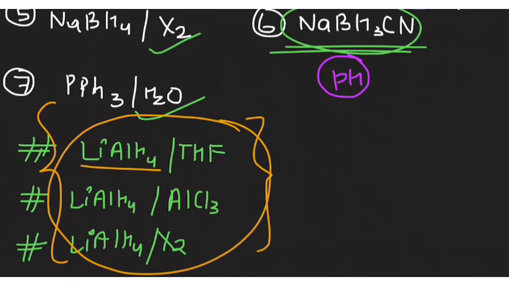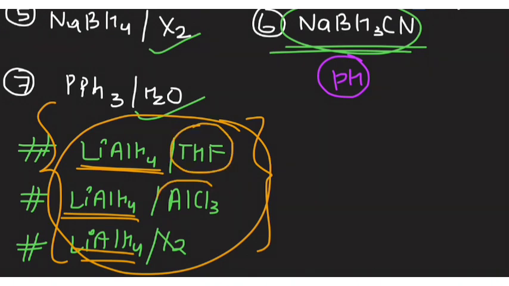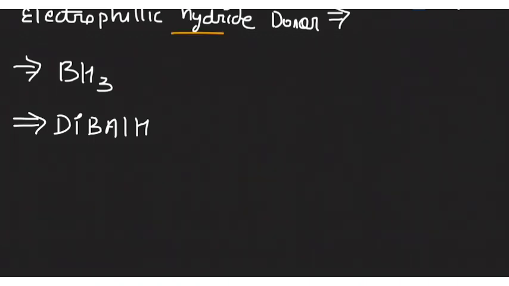The things written here are also very important, and these are different reagents: LiAlH4 in THF, LiAlH4 with AlCl3, or you can take any Lewis acid, and LiAlH4 in X2, where you can take any halogen. Very important.